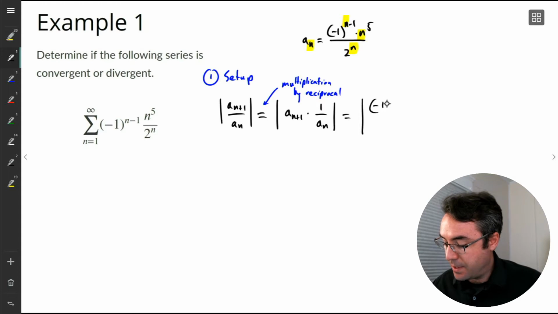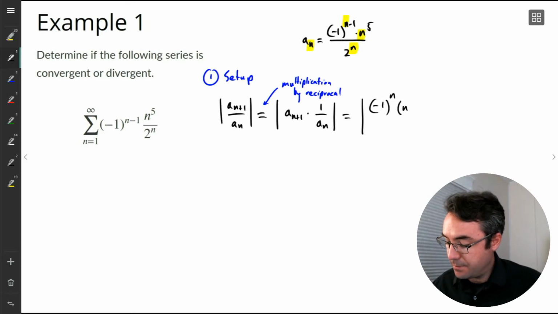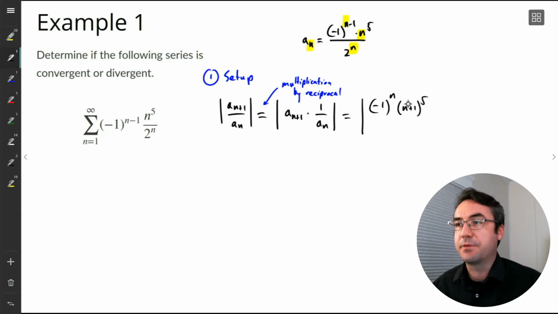So in this -1 term, we would end up with n plus 1 minus 1, so it would just be -1 raised to the power n. In this n raised to the power 5, we would end up with n plus 1 raised to the power 5. So we just change that n to an n plus 1.